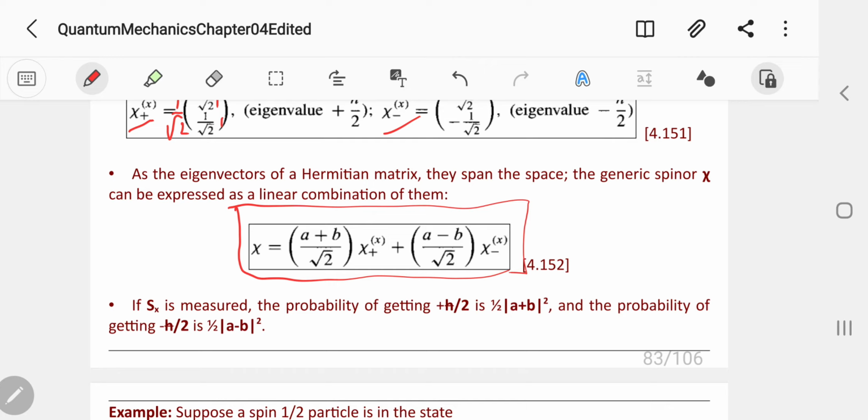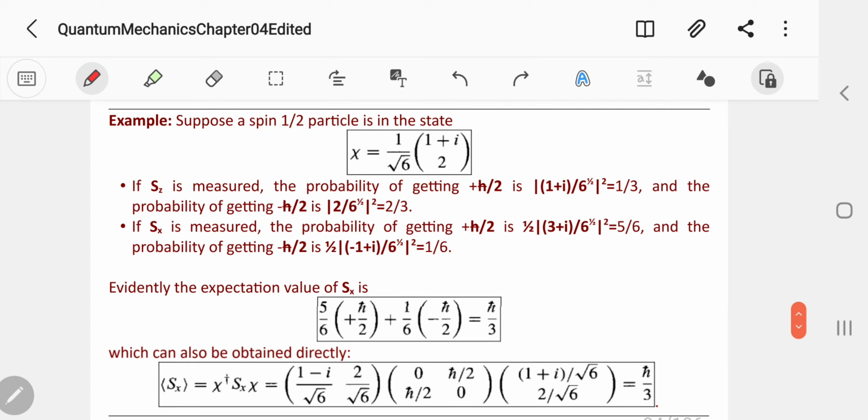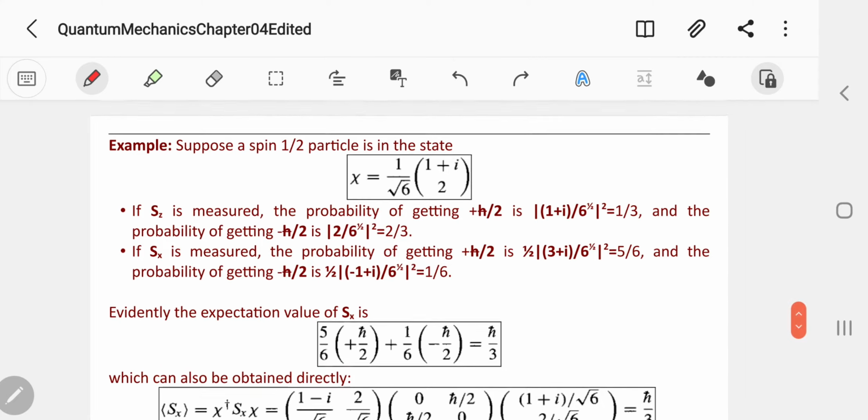So in this example, suppose you have a spin 1/2 particle in this state, so you can write it in terms of this one.